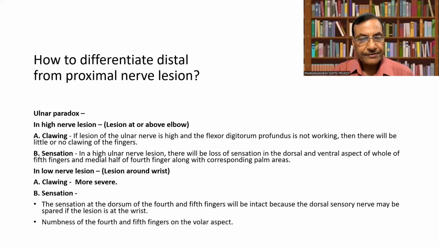About the sensation, the dorsum of the fifth finger and medial half of the fourth finger will be intact because the dorsal sensory nerve may be spared, but numbness or anesthesia of the palmar aspect of the fifth finger and the medial half of the fourth finger will remain as such.